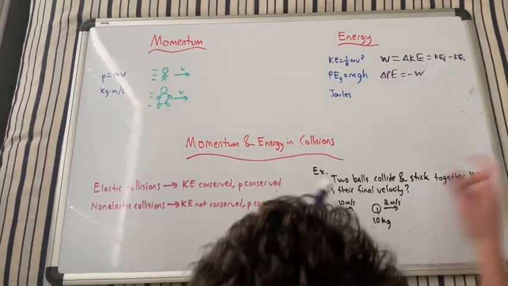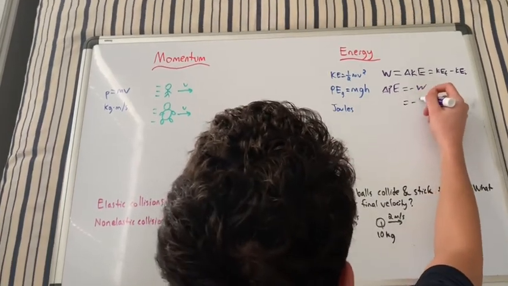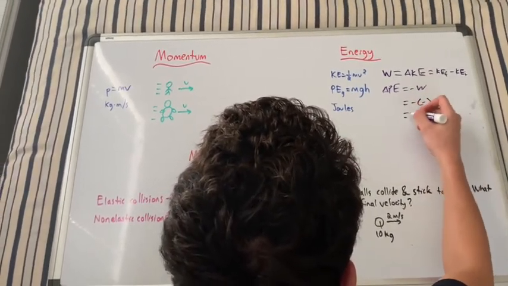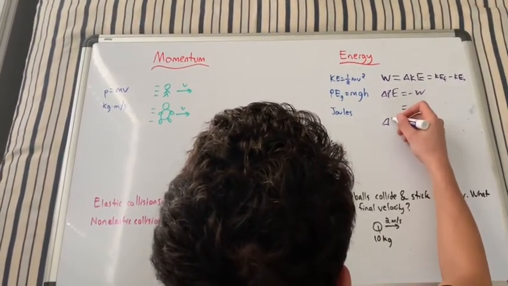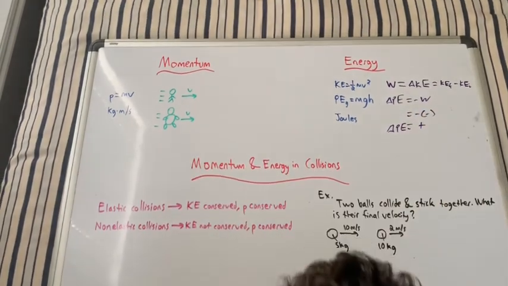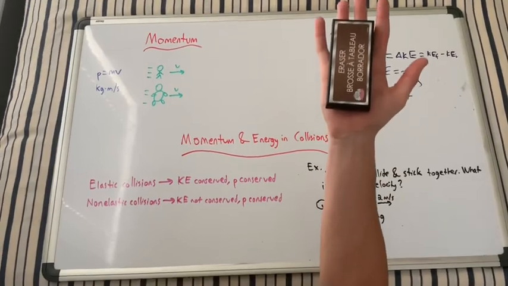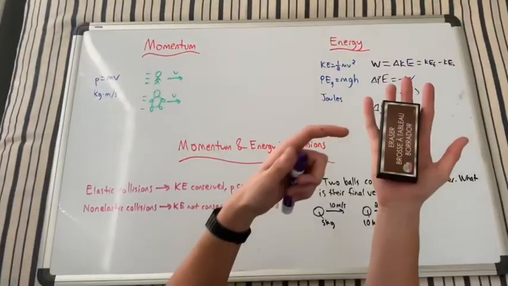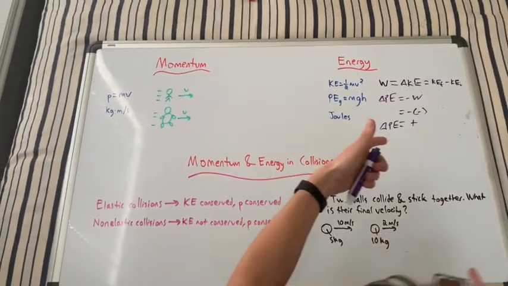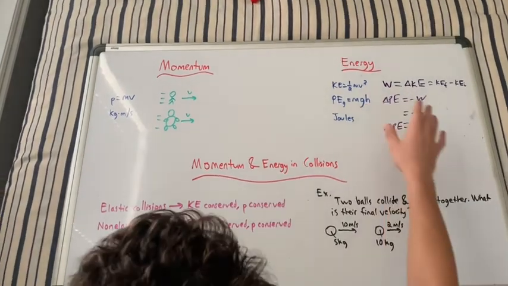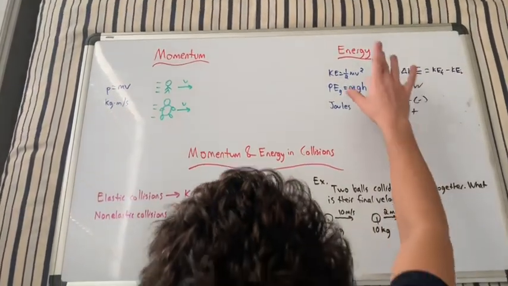A negative of a negative value gives a positive value. So when you lift an object, you do work on it, gravity does negative work, and you get an increase in potential energy. Those are some important relations between energy and work.